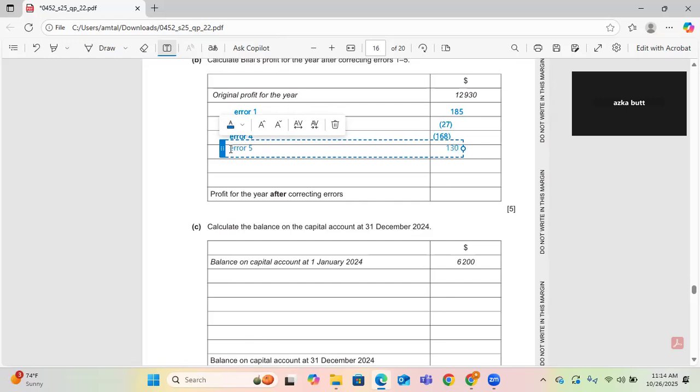So draft profit for the year after correcting errors is 13,050.